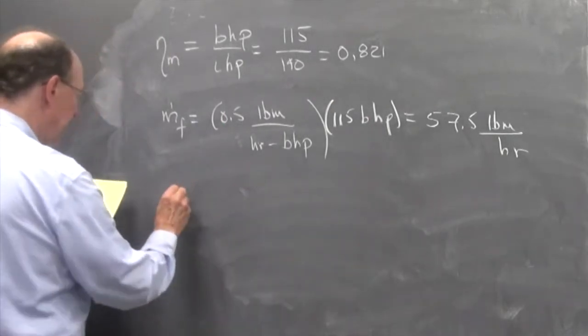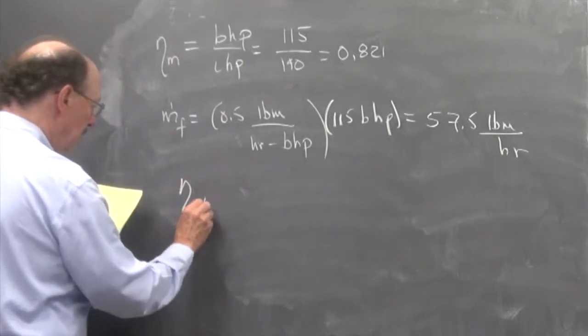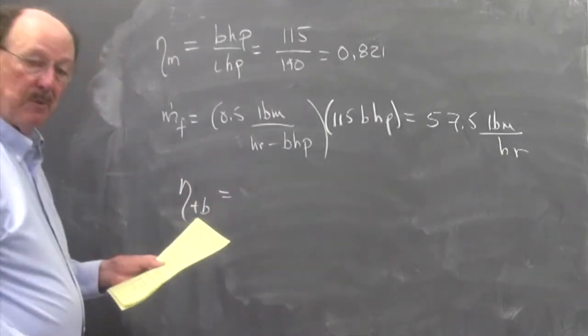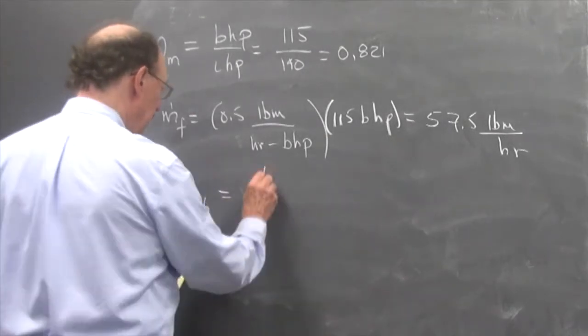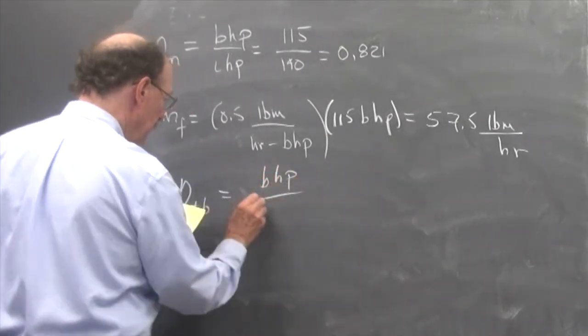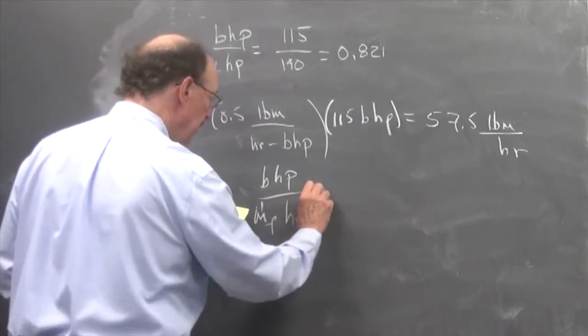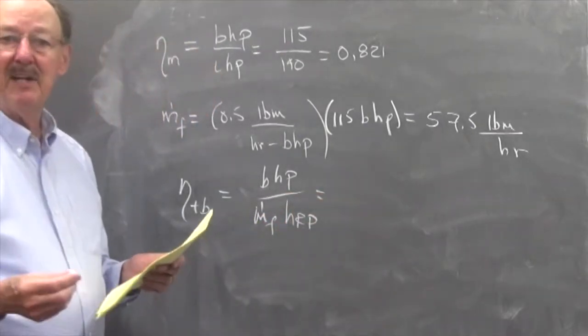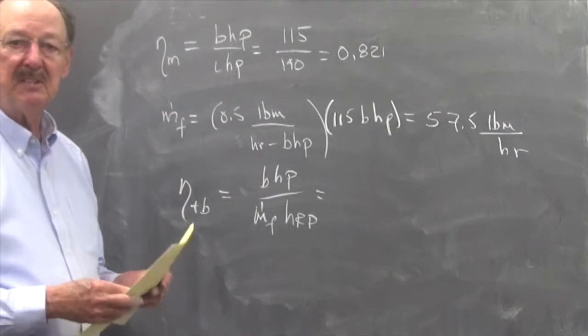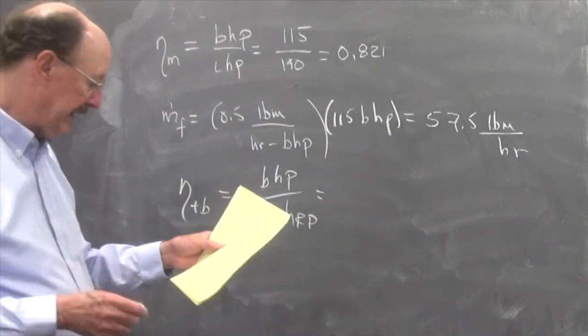Then we could find the brake thermal efficiency, bhp over m dot f h sub rp. And this is why I said you have to look up the definitions, because they mix around very easily.